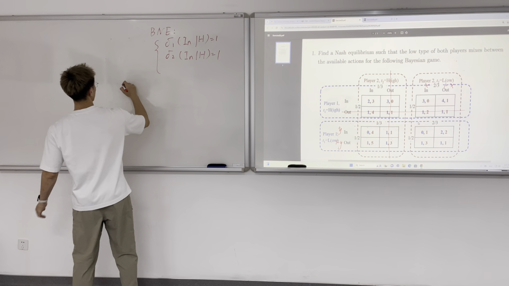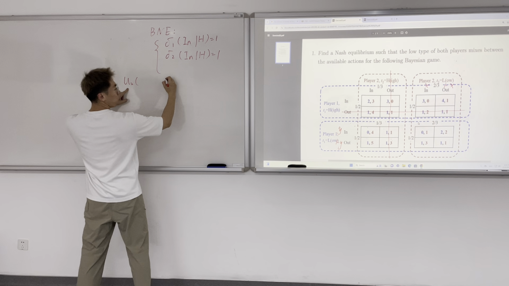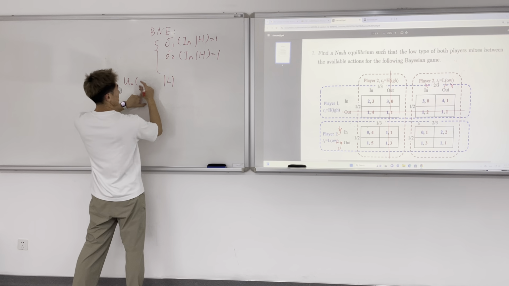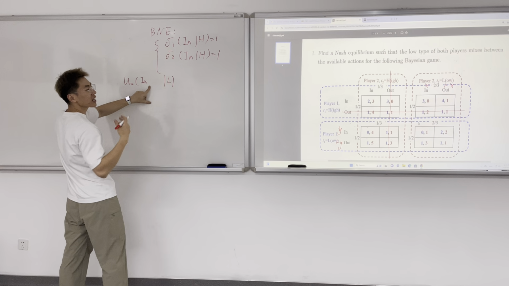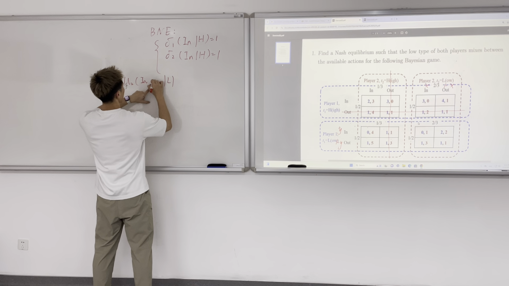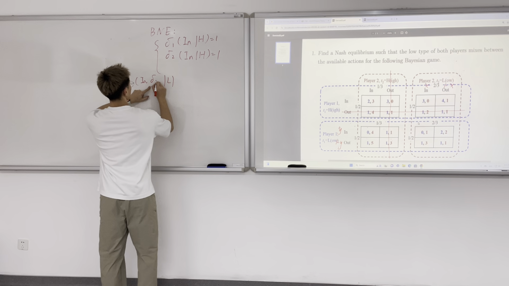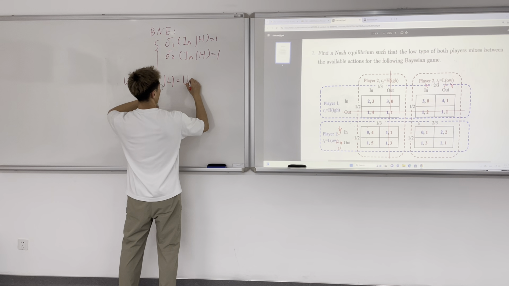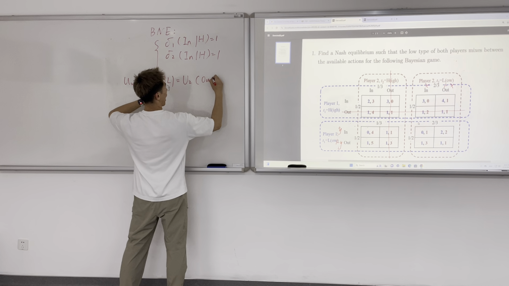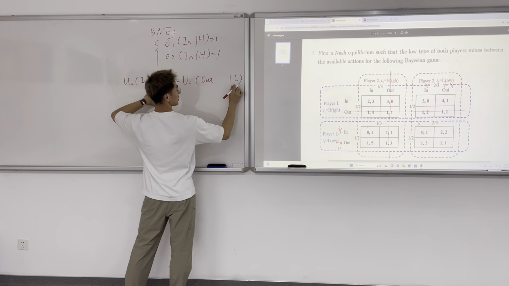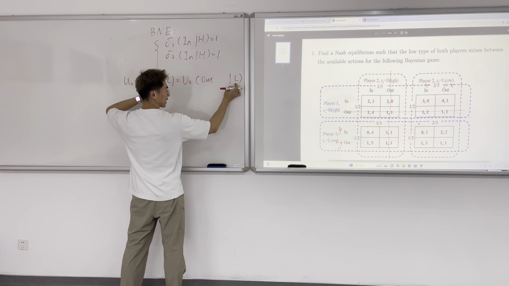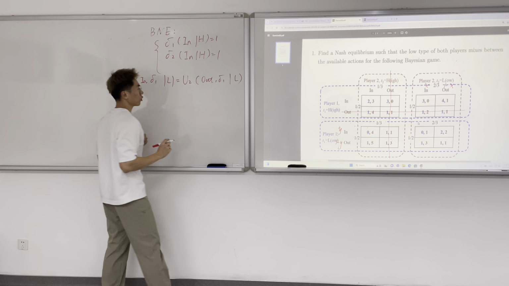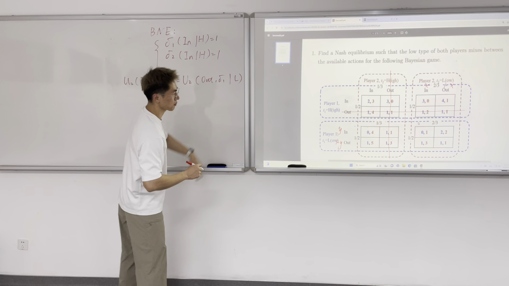We can write it this way: for player 2 of low type, given his action is in, and given the action profile of his opponent, player 1, the payoff is the same as playing out, conditional that his type is also L, and the action profile of his opponent, player 1, is sigma 1.